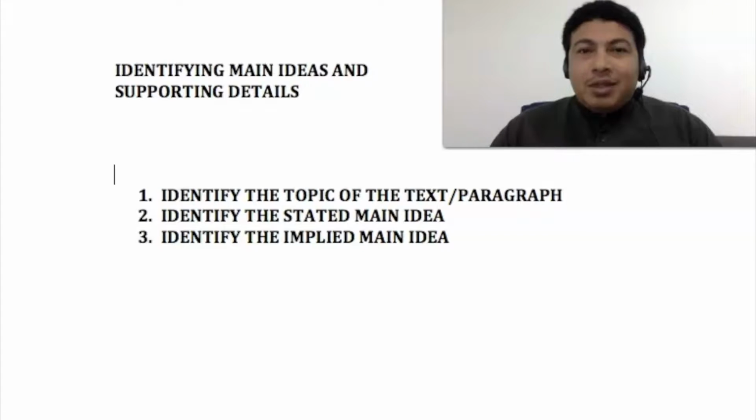So we can think on our own by having the knowledge of how to identify main ideas and supporting details. So first, we are going to look into identifying main ideas.